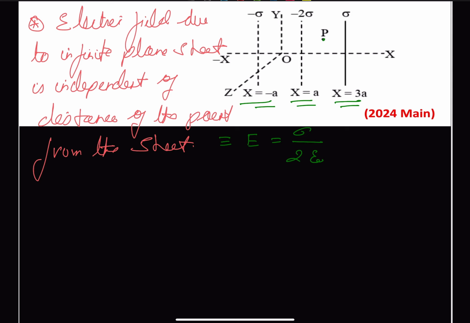So if sigma is positive, that is greater than 0, in this case the direction will be away from the sheet. And if sigma is less than 0, then it will be toward the sheet.